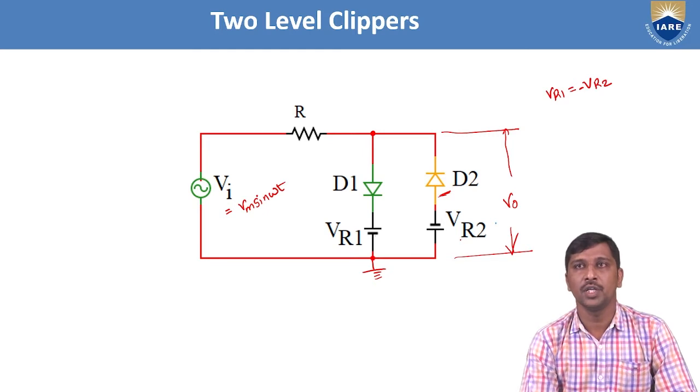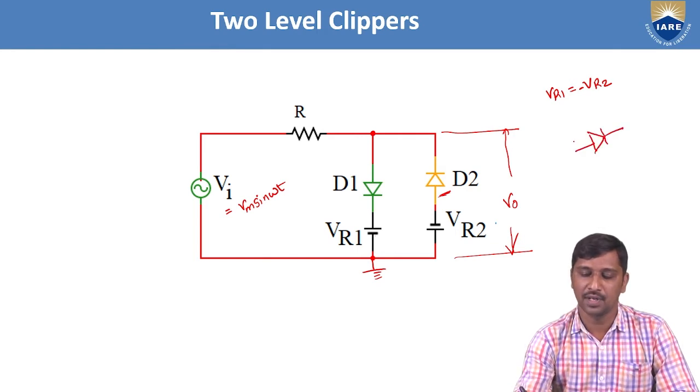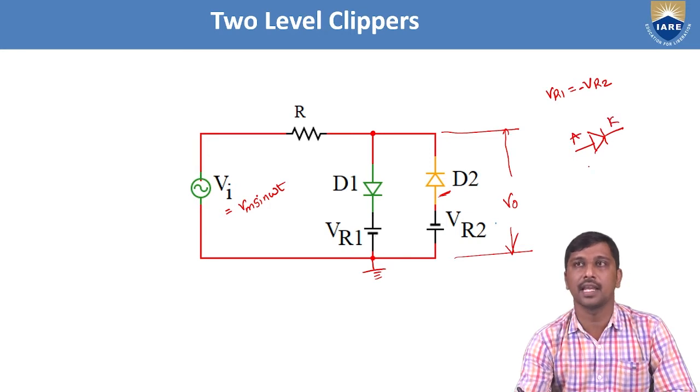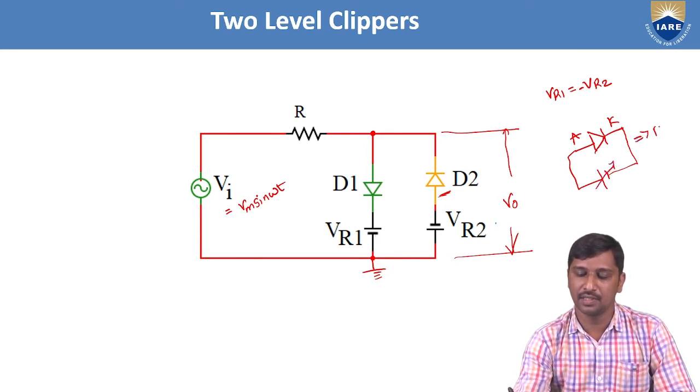Now again, before going to this operation, first we need to recall the diode operation. We know that a diode contains two electrodes, one is the anode and the other is the cathode. When the anode is connected to the positive pole of the battery and the cathode is connected to the negative pole of the battery, we can say that the diode has entered forward bias.